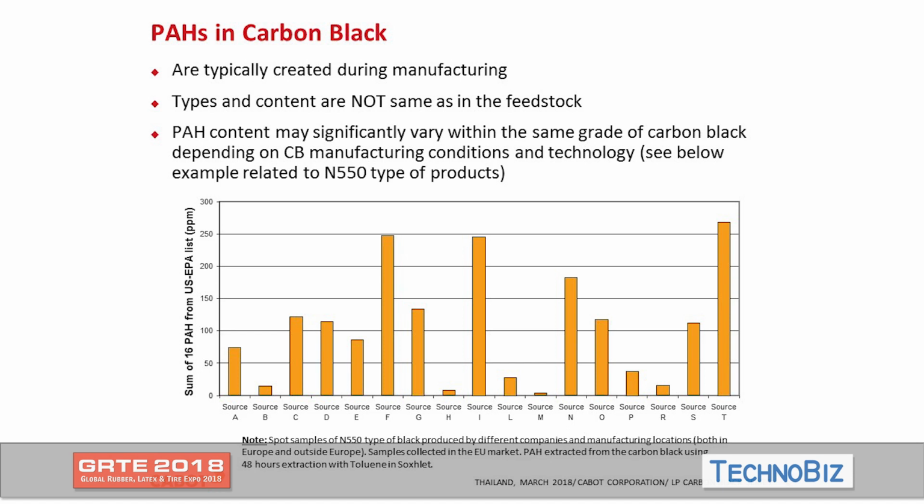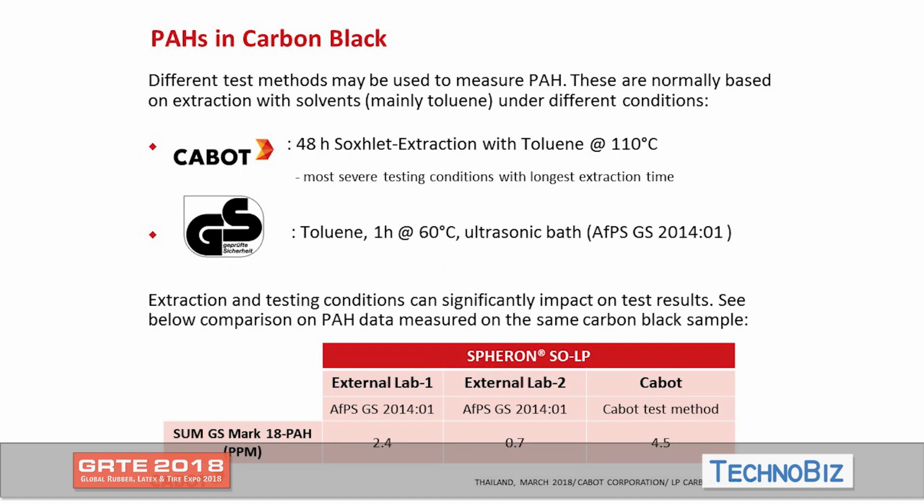Even for the same grade, N550 from different sources, if you look at the total PAH, here we highlight the PAH16 based on the US EPA list, it's quite different. The lowest one is less than 10, and the highest is almost 300. That shows the PAH content in carbon black is not simply determined by the feedstock or other things. It's quite a complicated process, where you need control from the feedstock, the process, and a lot of other things.